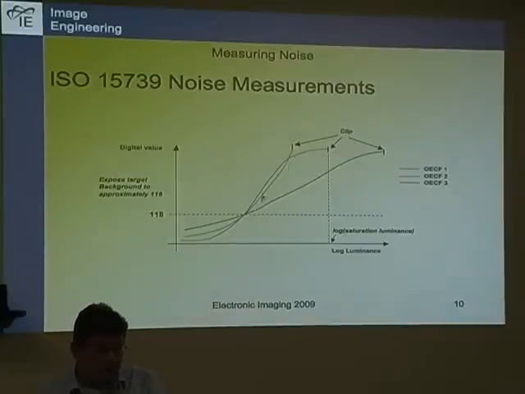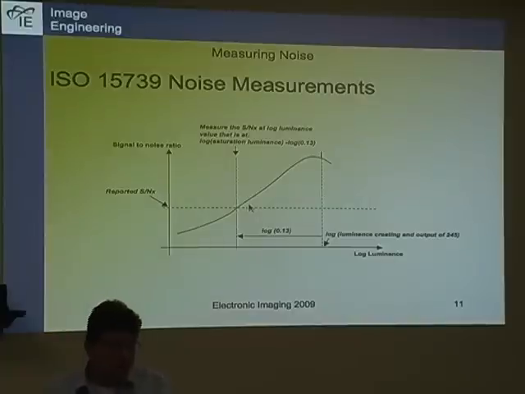Some of them might have a steeper value here, but then they will clip in the highlights pretty soon. So this will affect the dynamic range measurements, but it'll not directly affect the noise value measured for these mid-gray values.